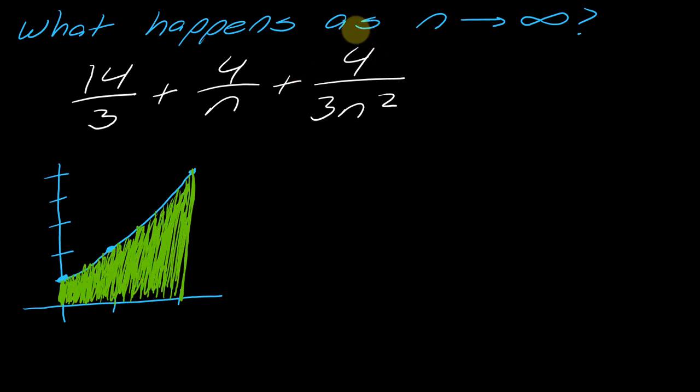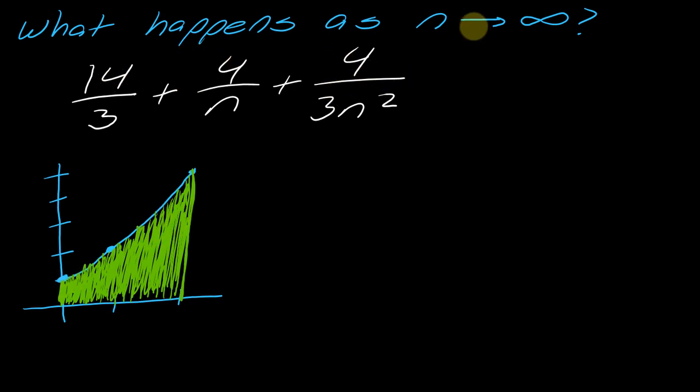That would be the ideal, and this would give us the perfect area estimation. So if I could get n to go to infinity, then I would have the area of this shape. And if you remember, the original problem with Riemann sums is how do I figure out the area of this?